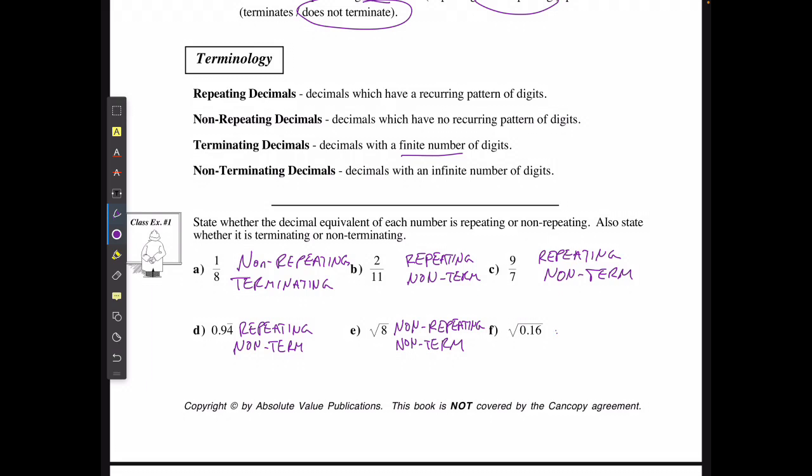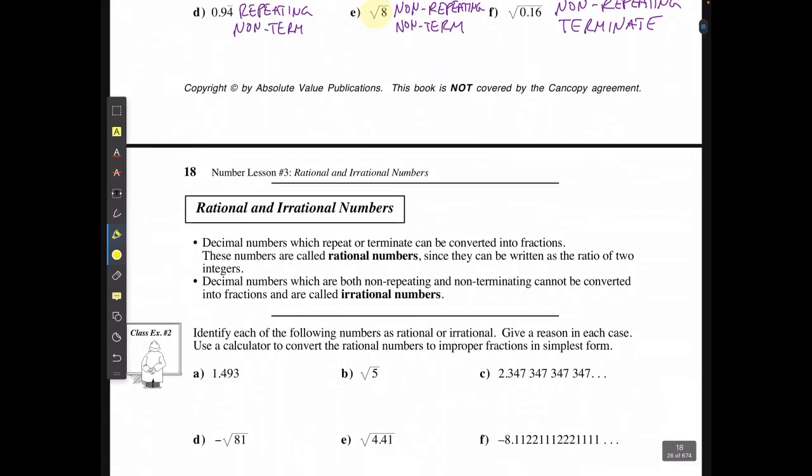So this one is non-repeating, but it does terminate. The significant one here is the square root of 8. It's the only case that we had where it doesn't repeat and it doesn't terminate.